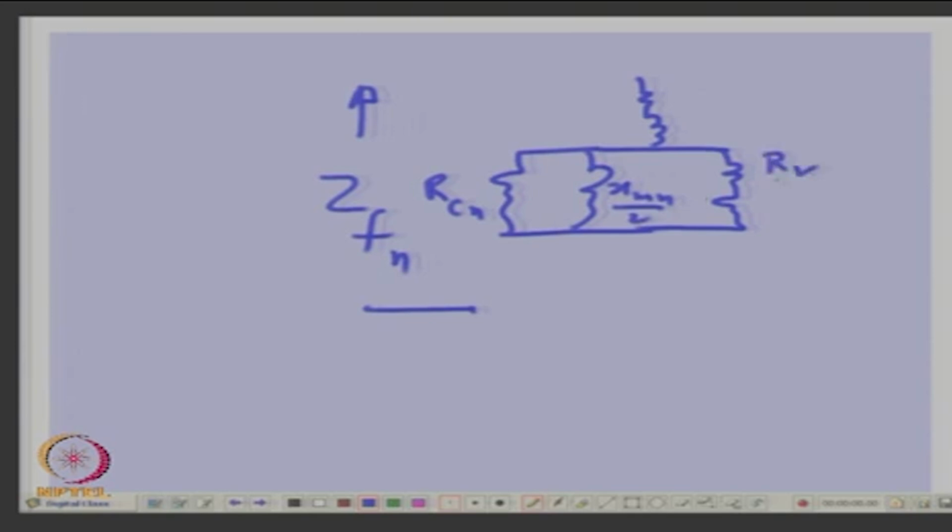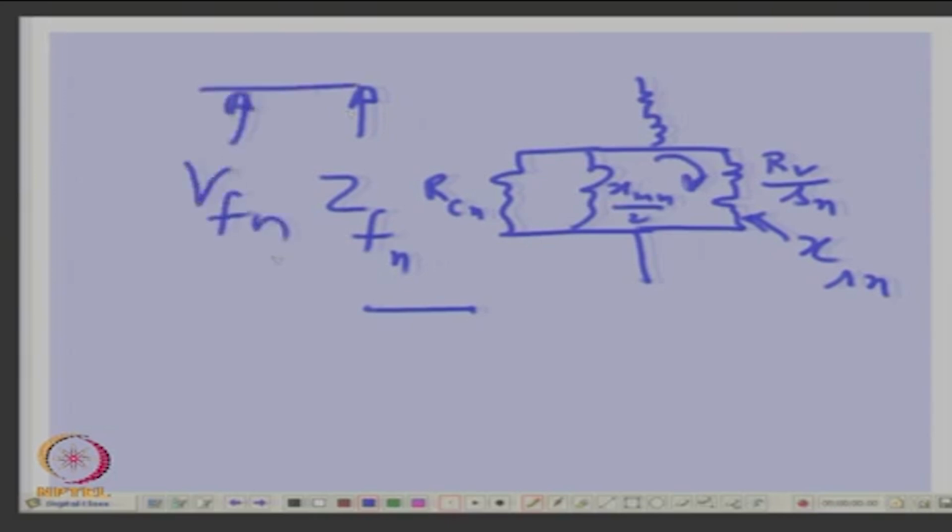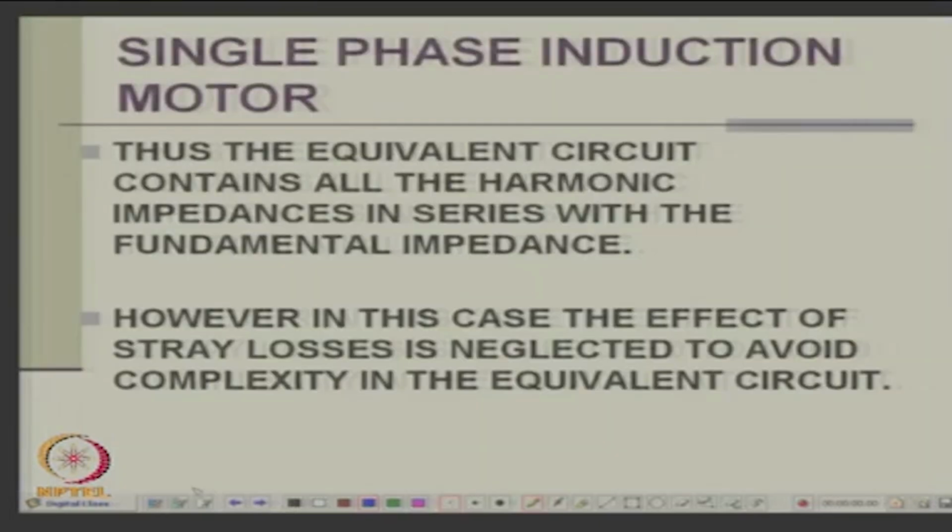So, this will be RR by SN and this will be XRN or something like that. Okay. So, it is already there, right. So, this current which will be going here will have an impact on this. So, this is your Z, because this is your VFN across the nth harmonic, same with VBN. Okay.